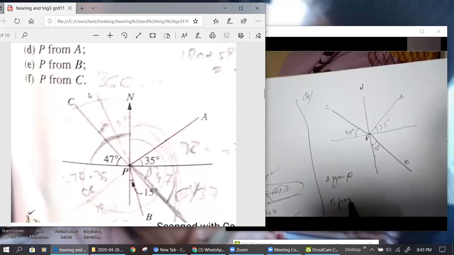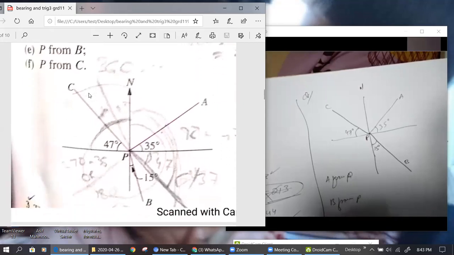Is it the one with 47? This is 47. Okay. Now tell me, P to A.